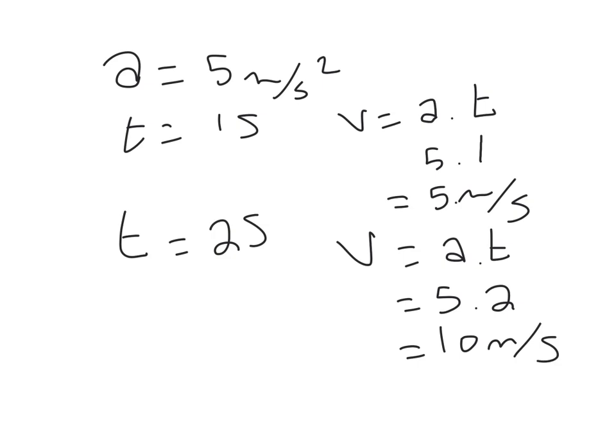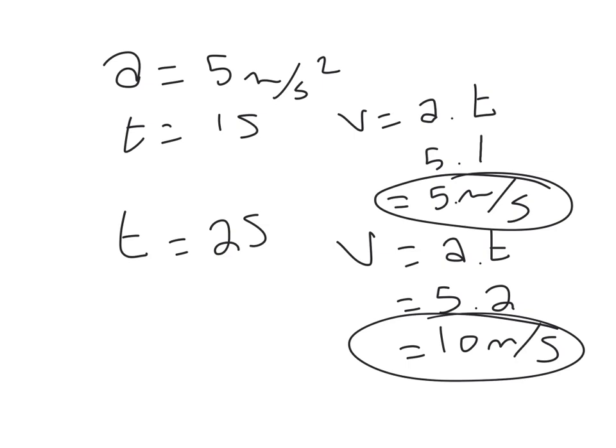The question is asking me, every second that passes, that object is gaining what type of velocity? The difference between this number and this number is how many? 5 meters per second.